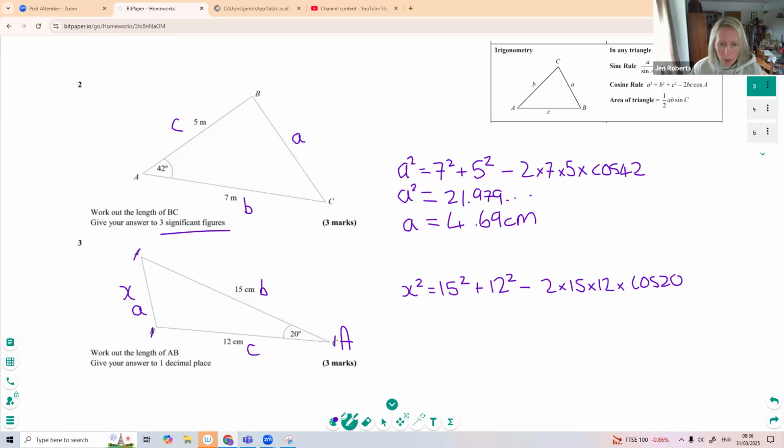Which gives you x squared is 30.71. Square root. To one decimal place, it's 5.5.